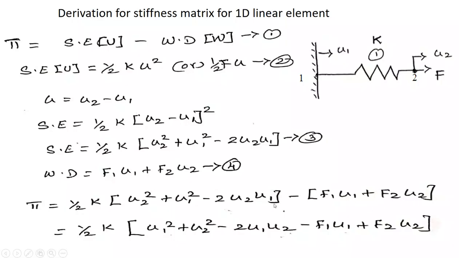So finally the potential energy equals half K times U1 square plus U2 square minus 2 U1 U2, minus F1 U1 plus F2 U2. So this is the final potential energy equation.